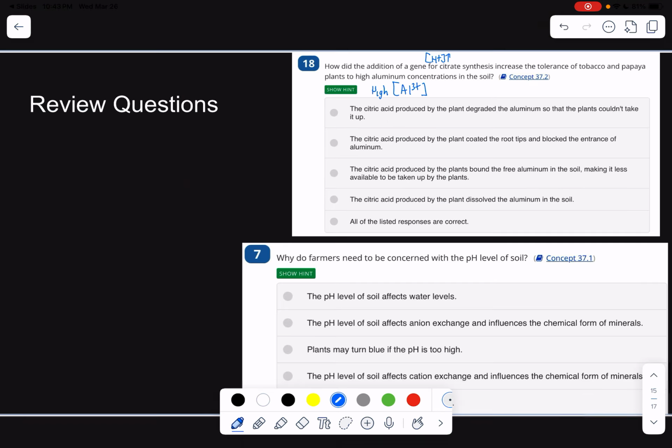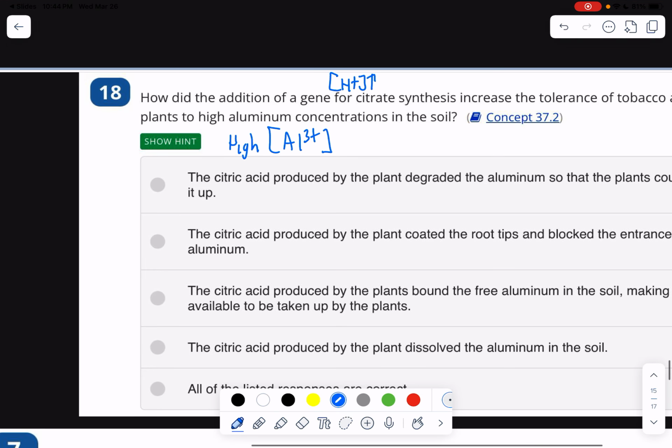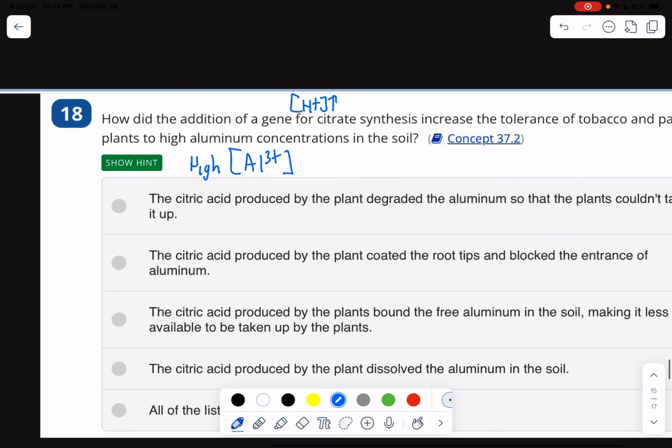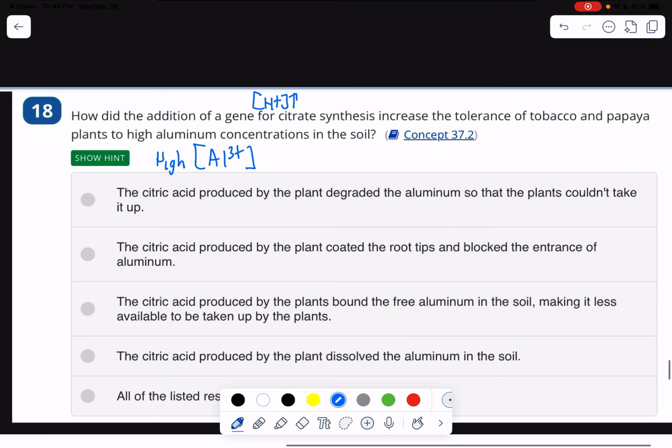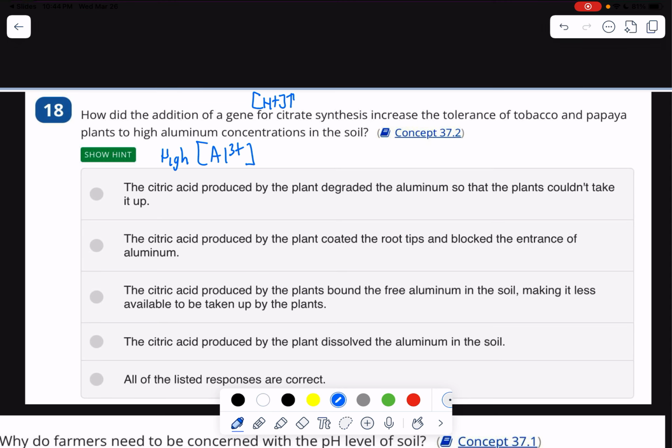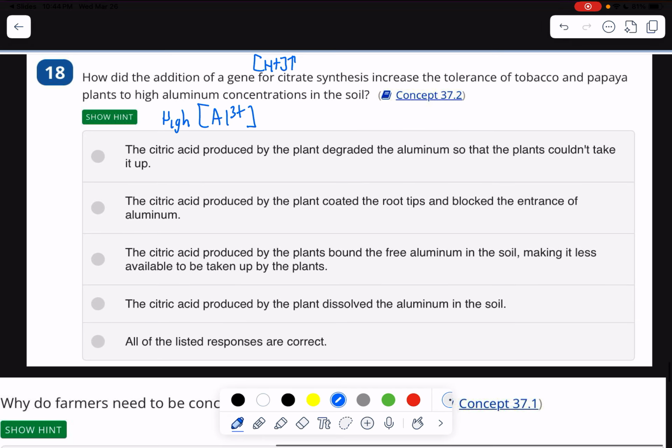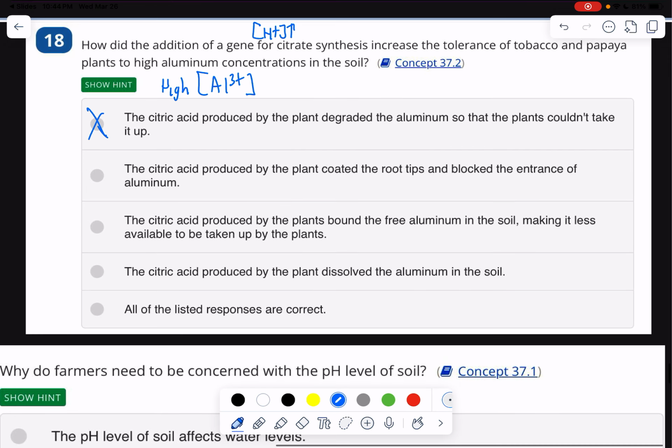So if citrate increases the hydrogen concentration and increases the amount of hydrogen protons within the solution, that means that the high aluminum Al3+ concentration will be mitigated because, let's see, the citric acid produced by the plant degraded the aluminum. That shouldn't be correct. The citric acid produced by the plant coated the root tips. That shouldn't be correct either.